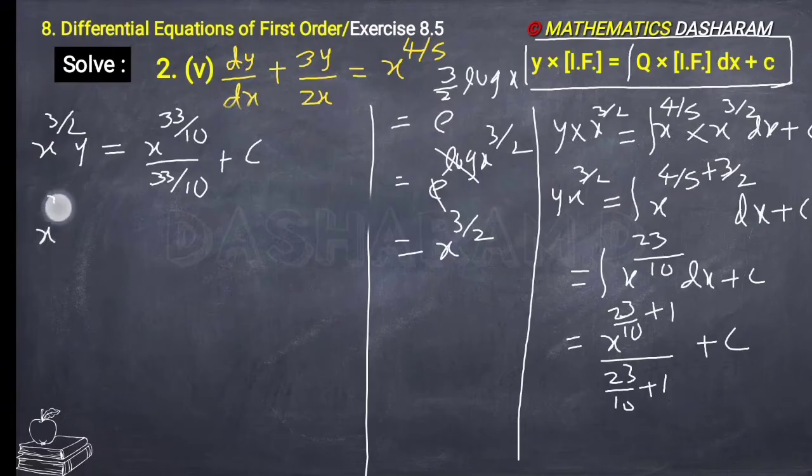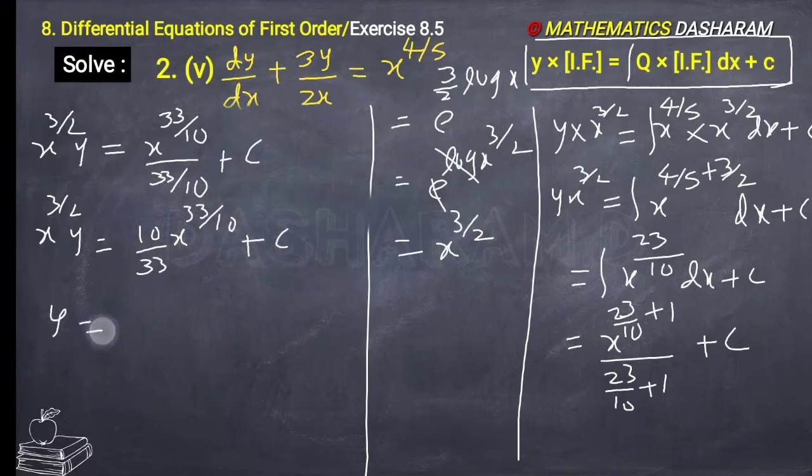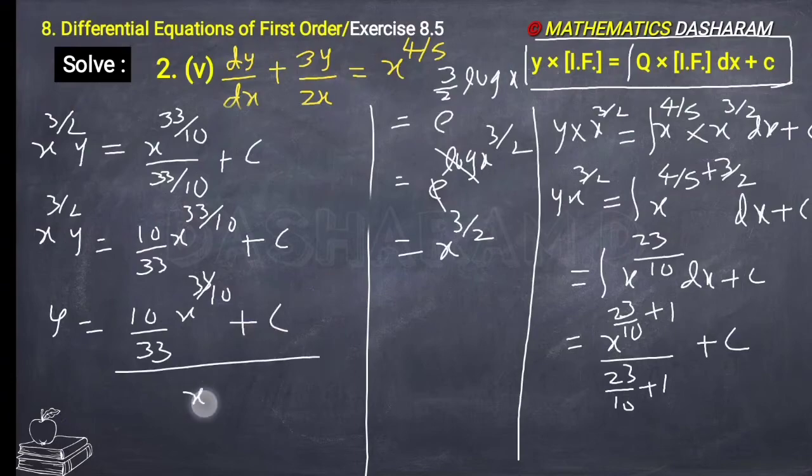So x to the power of 3 by 2 into y equals to 10 by 33 into x to the power of 33 by 10 plus c. Then y equals to, this term transpose to right side, so 10 by 33 x to the power of 33 by 10 plus c, all divided by x to the power of 3 by 2.